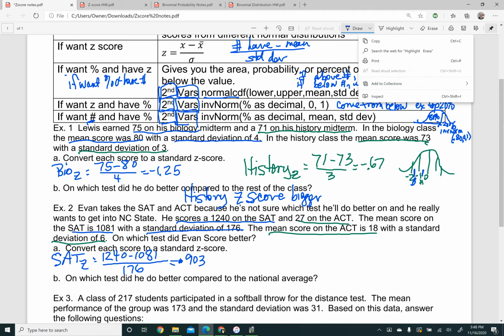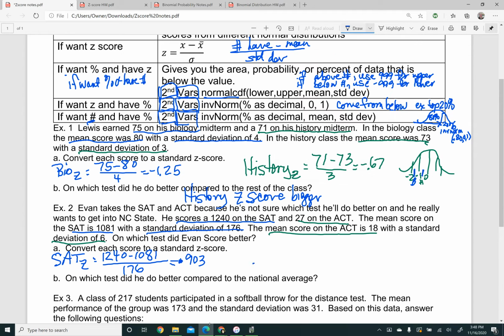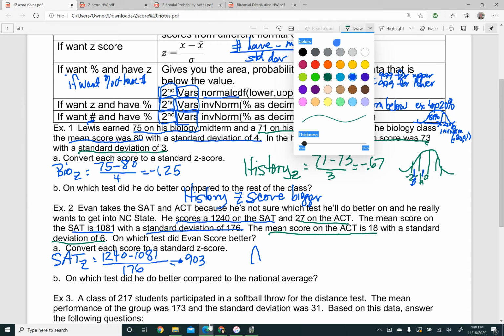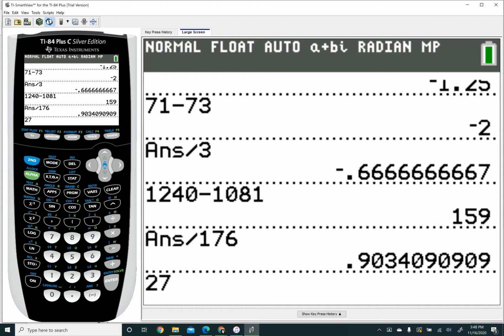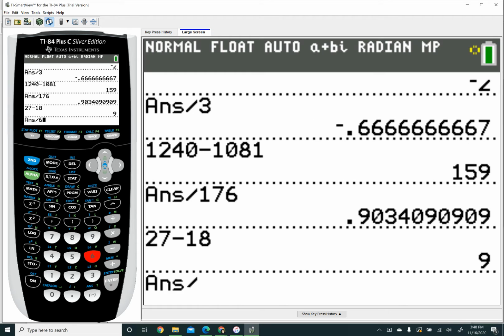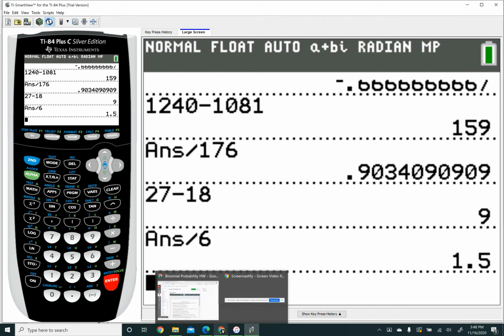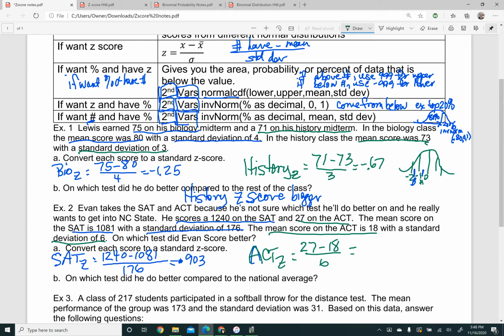And then his ACT z is 27 minus 18 divided by 6, which is 1.5. So if I was looking on my curve, here's 1, here's 2, here's my mean.